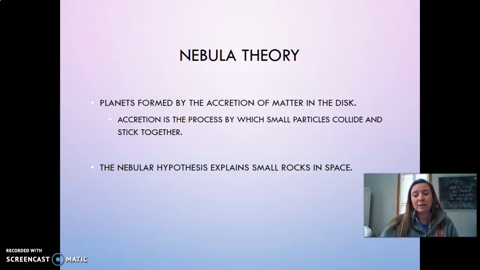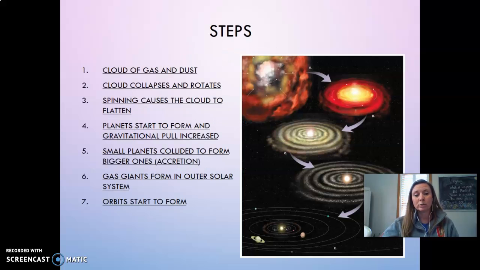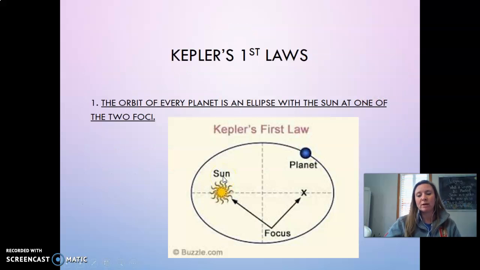But the idea is that once a star is formed in an area, it's going to be really massive and pull all of that material closer towards itself. And so then we go through these steps where it goes through that formation. And so once again, the idea is that that massive object is going to hold other objects in its grasp.